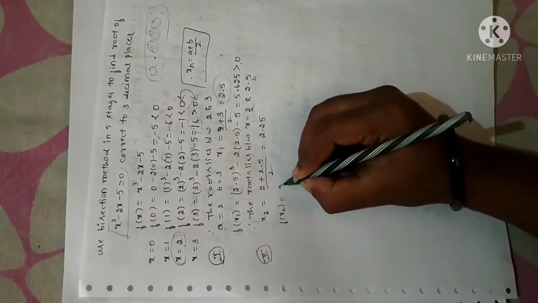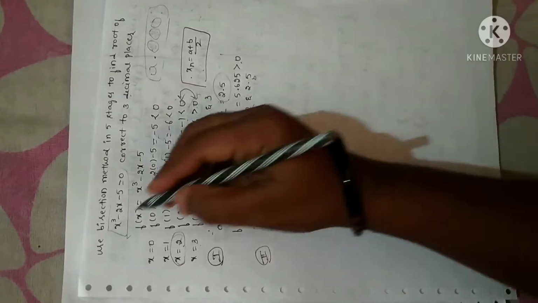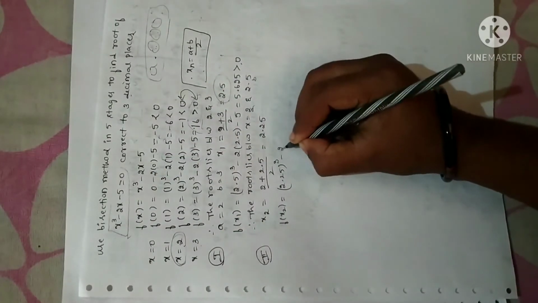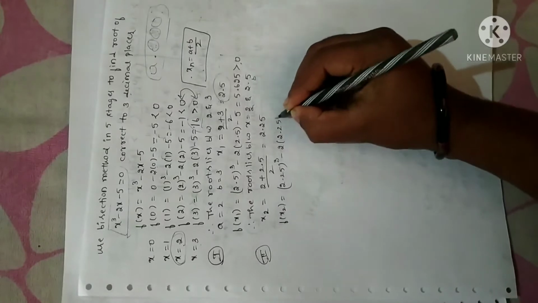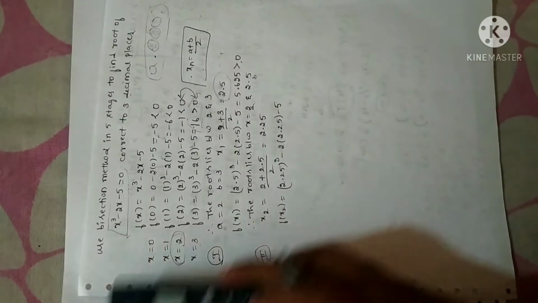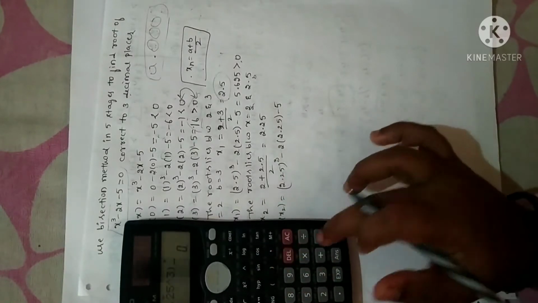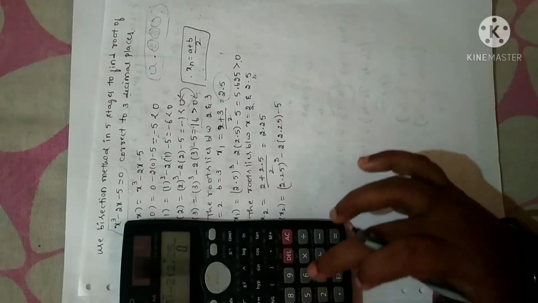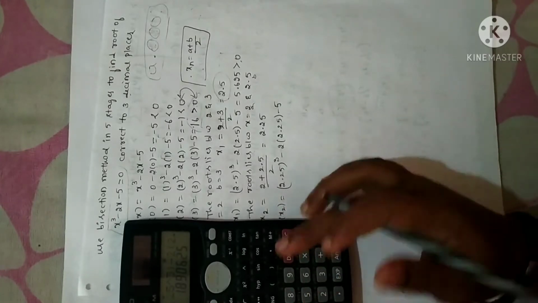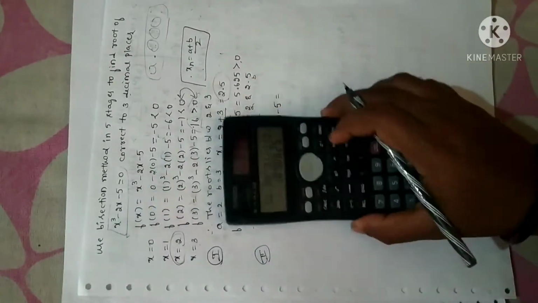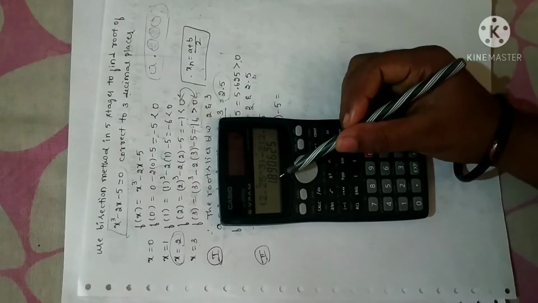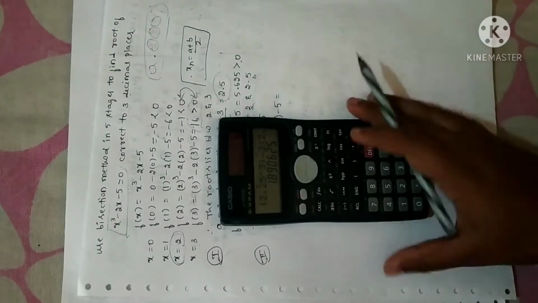F of x2, wherever x is there, replace it with 2.25: 2.25 whole cube minus 2 into 2.25 minus 5. So after simplification, I have obtained 1.890625.